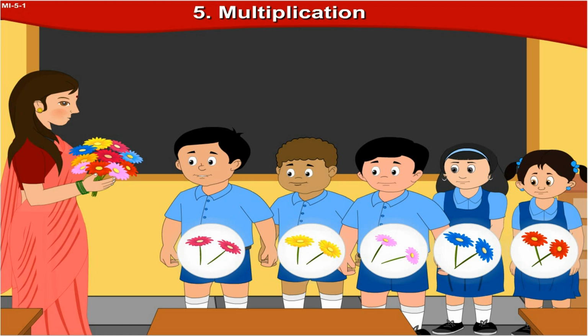That's right, John. Well, we can write it in another way as well. See, 2 plus 2 plus 2 plus 2 plus 2 is written as 2 multiplied by 5. 10 is called the product of 2 and 5.